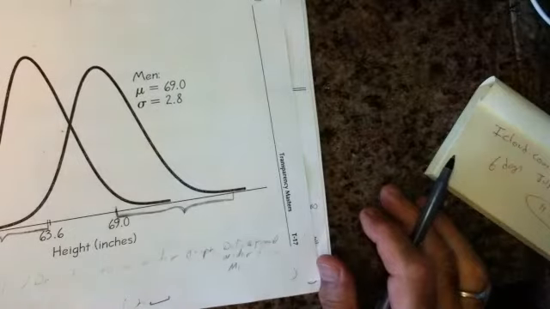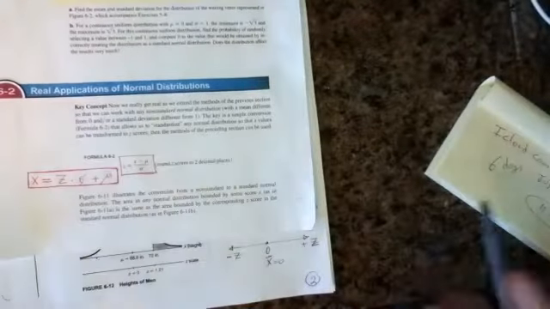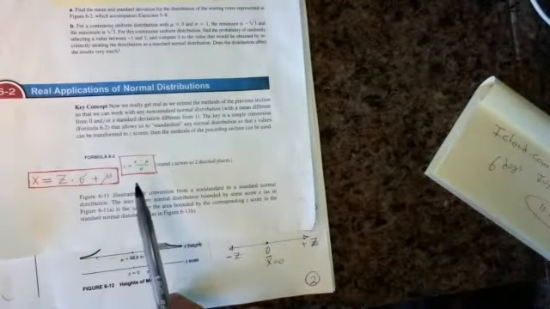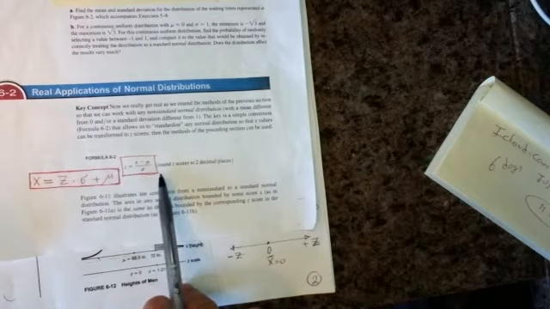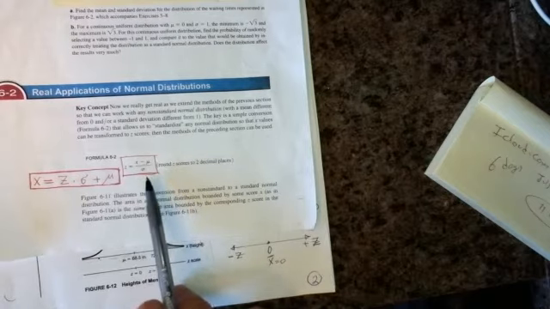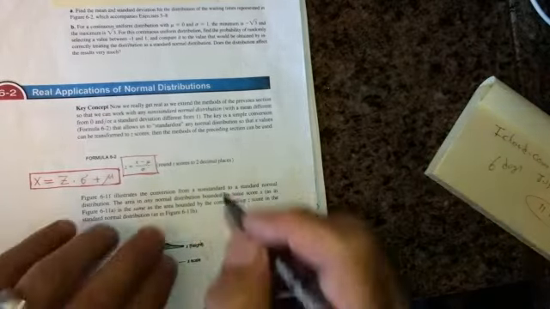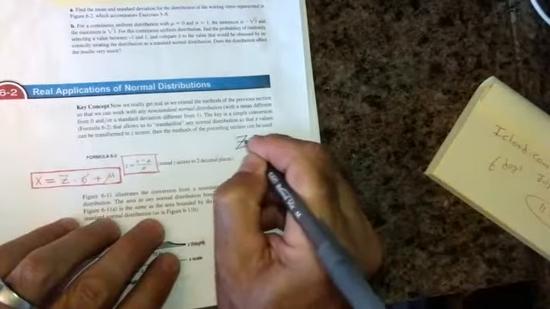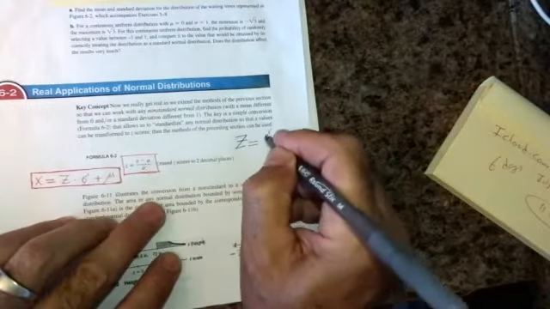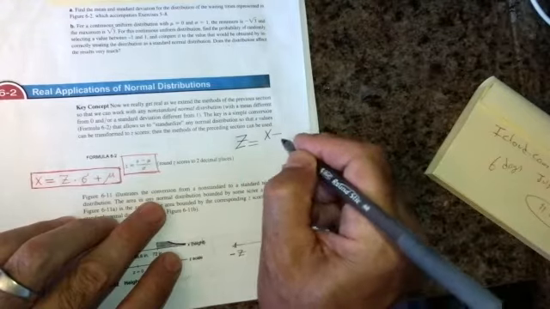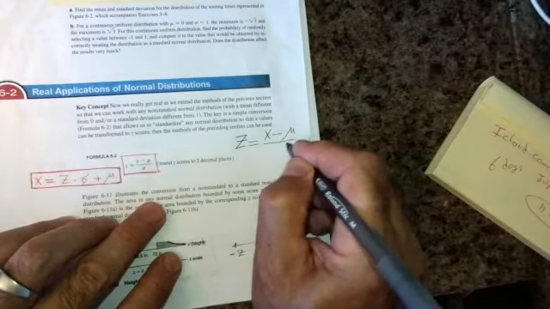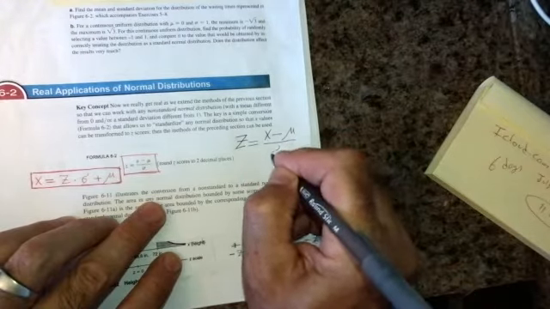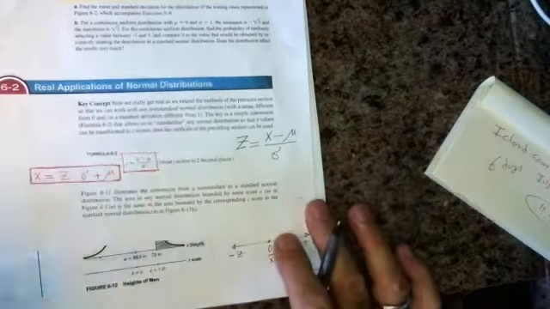And in order to do that, we're using this formula: Z is X minus mean, divided by standard deviation. X is the value given in the problems, mu is the mean of the population, and sigma is the standard deviation of the population.